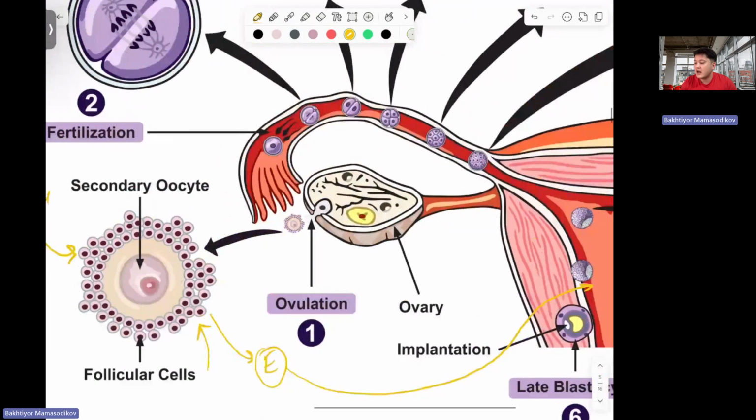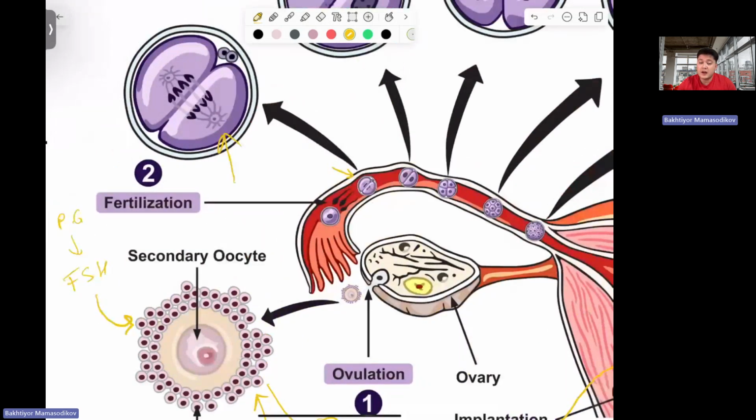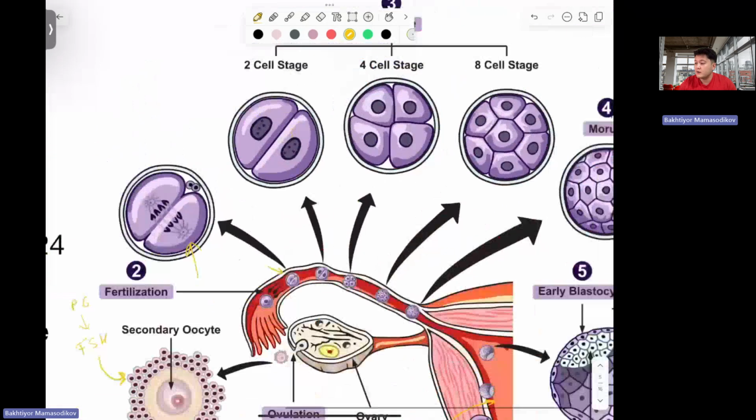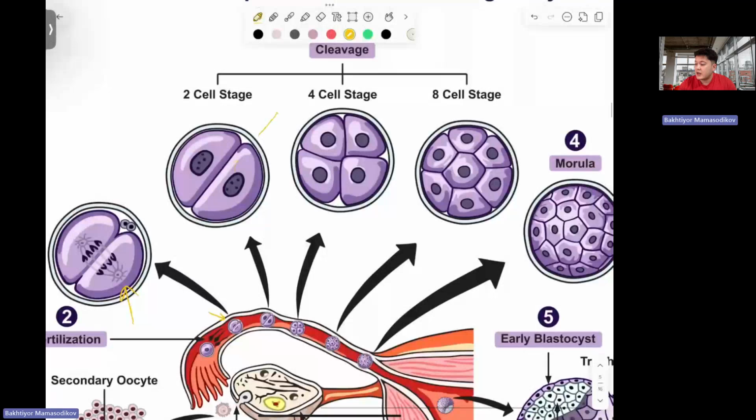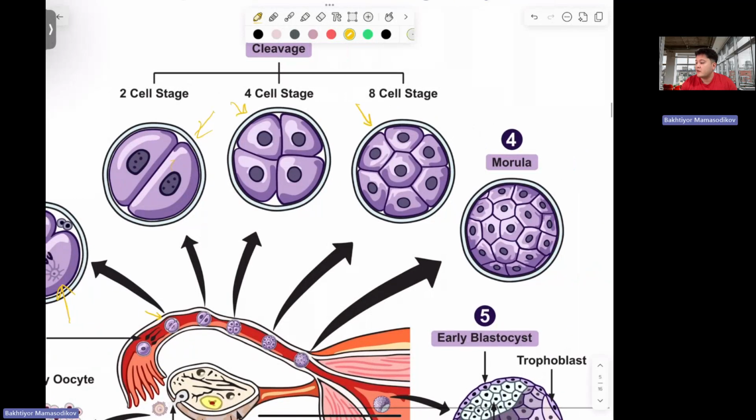So after that, the zygote divides. As you can see here, this is the division of the zygote, right? This is the anaphase of mitosis. They do mitosis and form the 2-cell stage, 4-cell stage, then 8-cell stage, and at the end they form the morula, which is the 16-cell stage.